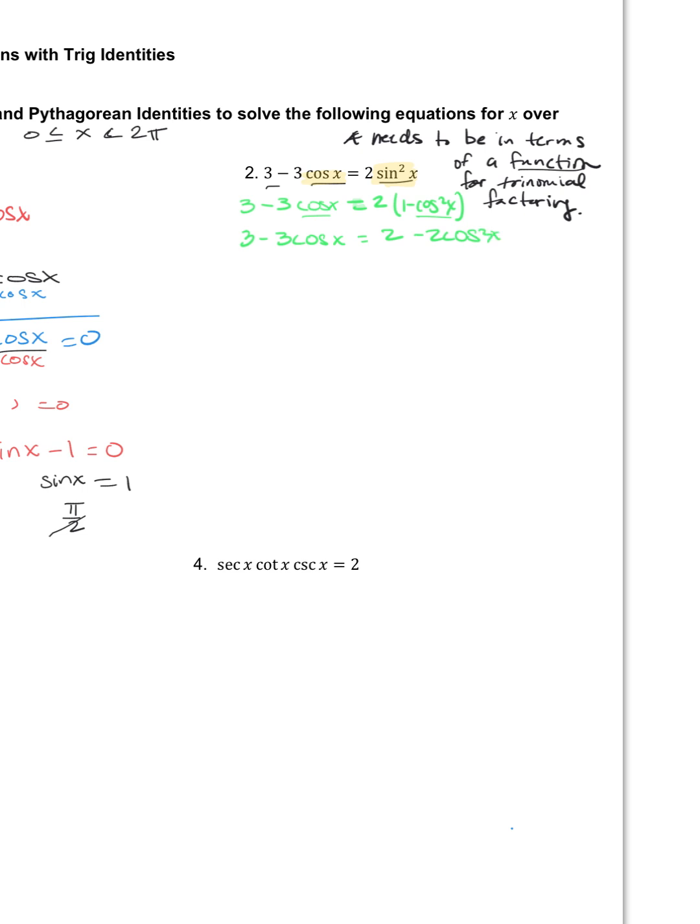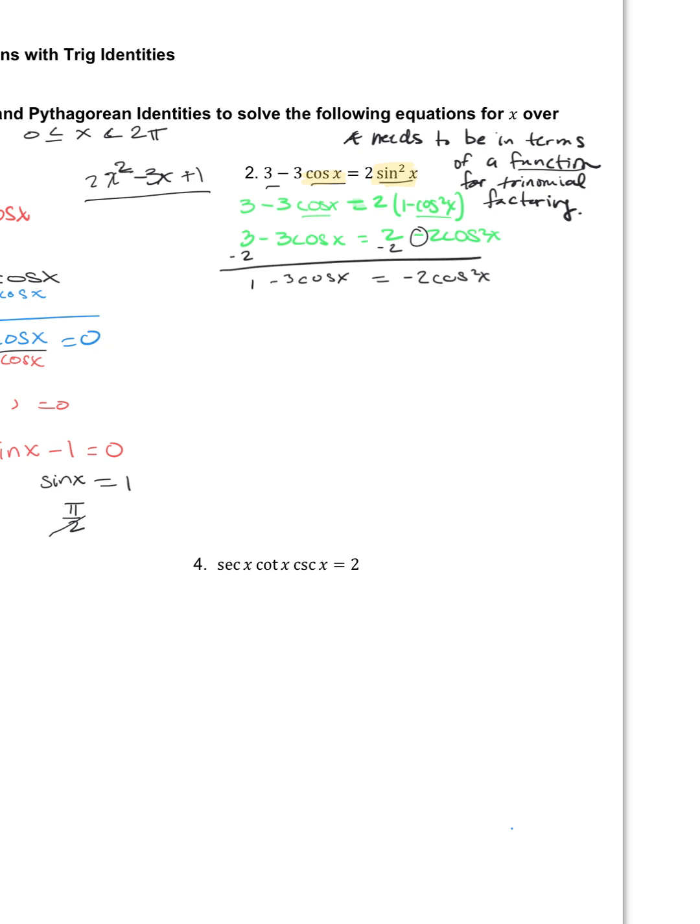Now let's move everything to the left. The reason I'm doing that is because we have a negative here and I want to make that positive. Okay, so I'm just going to go little by little, make sure we're okay. 3 minus 2 is 1. And then usually when we write this, we're going to think of something as 2x squared minus 3x plus 1, so see that it looks something to that effect.